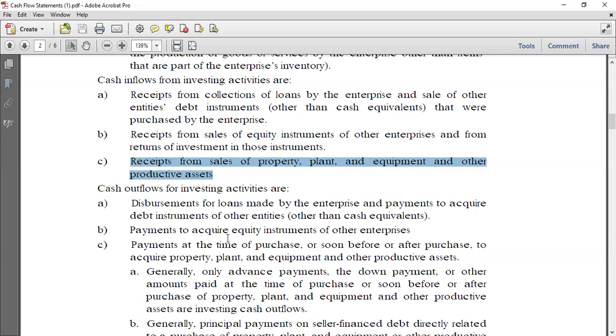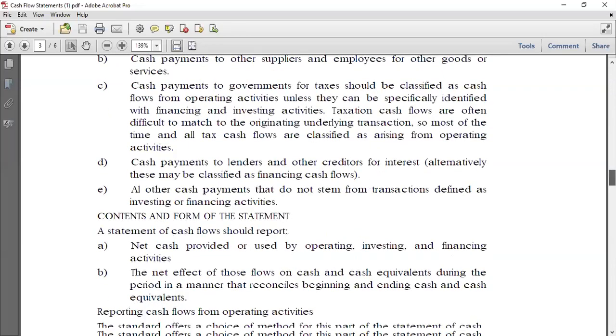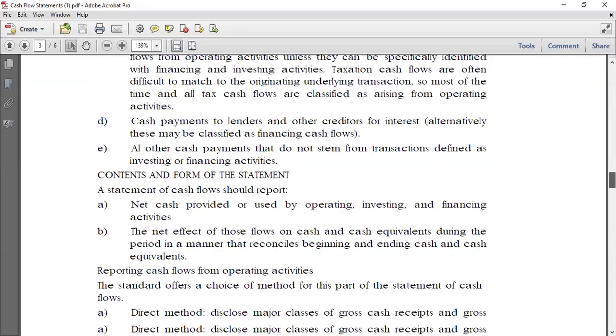Okay, this is only about investing. We could also have cases where we have payments for the purchase of a fixed asset. Okay, you're going to appreciate this when we look at how the format looks. So let me just give you a glimpse of how that will reflect in the format. So this is the format that we are trying to go through.